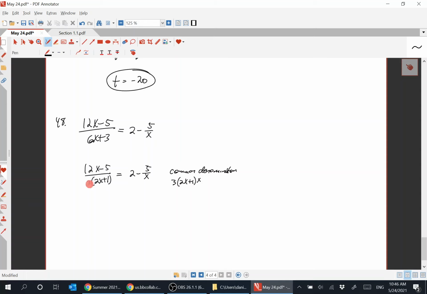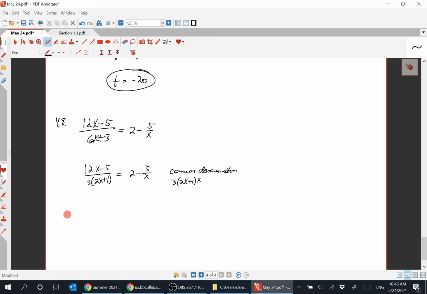This fraction has a factor of 3 and a factor of 2x plus 1. This one has a factor of x. So combining all those different factors into one product will give me a common denominator for all the fractions present in this equation on the left hand and the right hand.